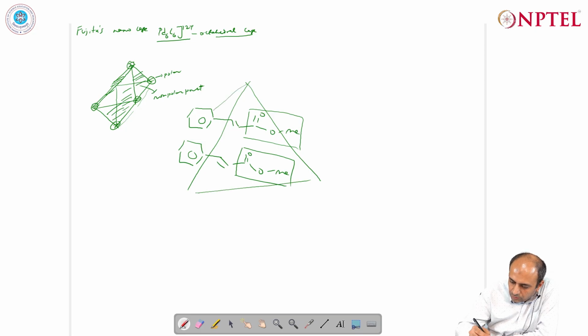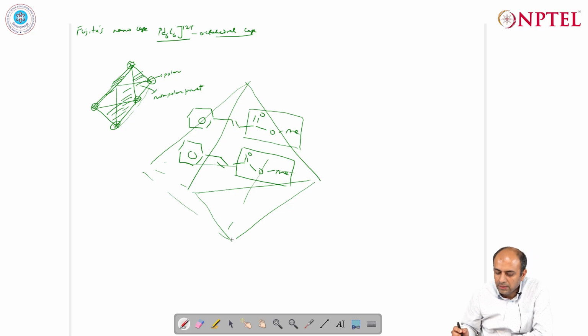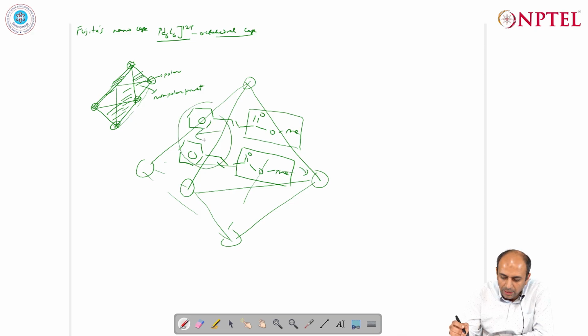You can see this is the encapsulation inside the palladium nano cage, and this is the polar part which is in proximity to the palladium center, and the non-polar part is in proximity to the hydrophobic part. Now this resulting species is stabilized in water, and when we irradiate it, it leads to the formation of a dimer.